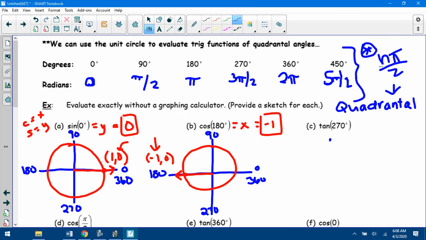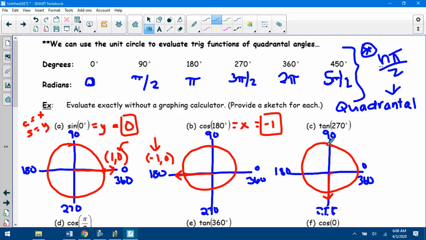All right, tangent of 270. 0, 90, 180, 270, 360. We know 270 is down here. That point is what? 0, -1. Tangent's tricky. Remember, tangent's sine over cosine. So it's y over x.